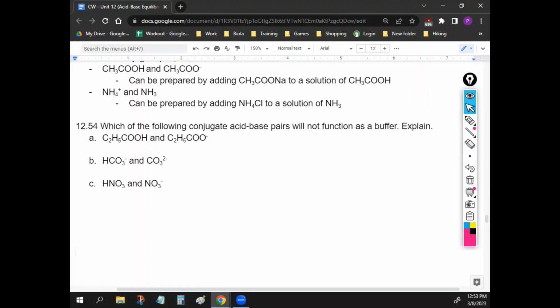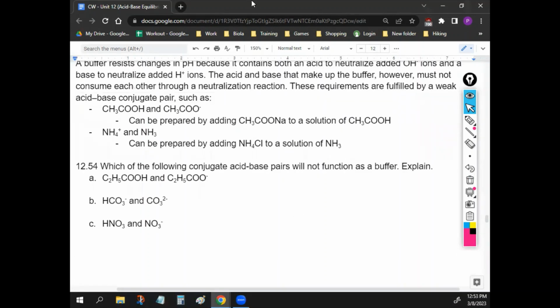So based on what you learned, the definition of buffers and whatnot, take a look at these conjugate acid-base pairs and figure out which one will not act as a buffer. Pick one: the answer is A, B, or C, and explain why your choice will not act as a buffer. So take about 2 minutes to think about that and write it out. Look at the person next to you, and then we'll go over the answer.